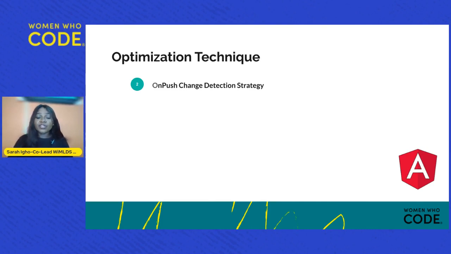The OnPush change detection strategy is a change detection mechanism in Angular that optimizes the performance of the application. How it does this is it will reduce the number of times Angular checks for changes in the component. By default though, Angular uses the default change detection strategy to check for changes in the components and its children.